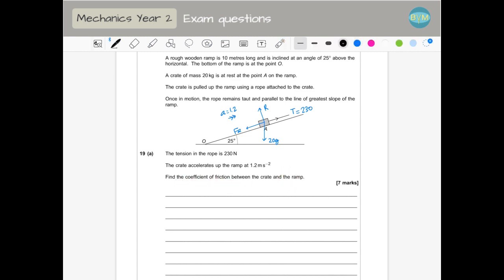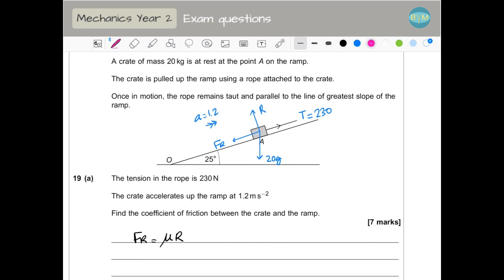We know if it's moving, friction is going to be maximum, which is mu times the normal reaction. So to find the coefficient of friction, we are going to find the friction and the normal reaction. For that, we are going to find the components of the weight parallel and perpendicular to the slope.